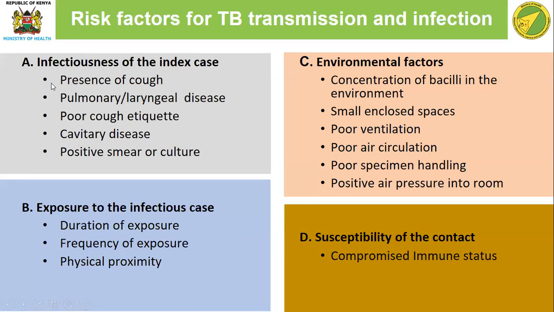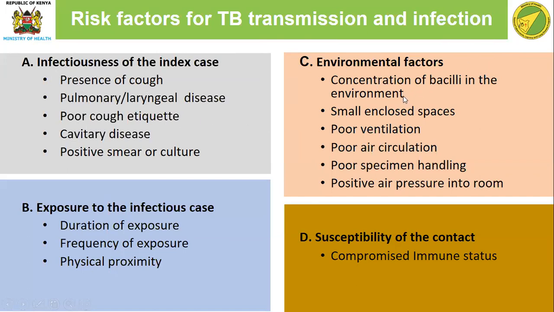So if you interact with a person that has pulmonary bacteriologically confirmed TB, your risk of getting it will be higher, because there's the presence of a cough, there's laryngeal disease, there's poor cough etiquette, cavitary disease, a positive lab result. All this makes the TB patient transmit more to the contacts around them as compared to the other group, the extrapulmonaries.